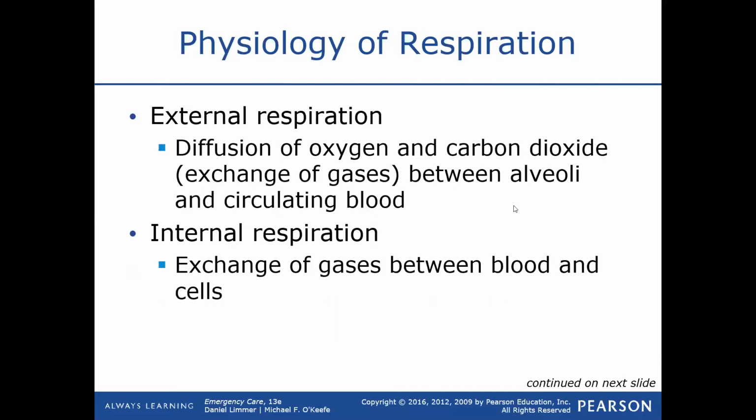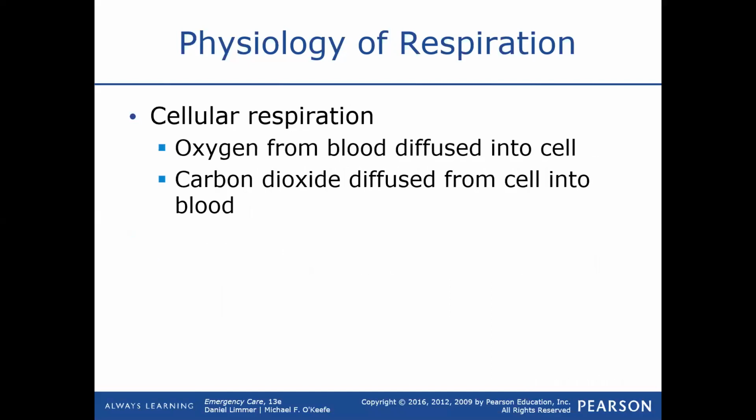External respiration is the diffusion of oxygen and carbon dioxide, the exchange of gases we talked about, between the alveoli and the circulating blood. Internal respiration is the exchange of gases between the blood and the cells.